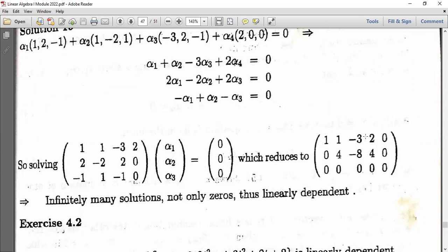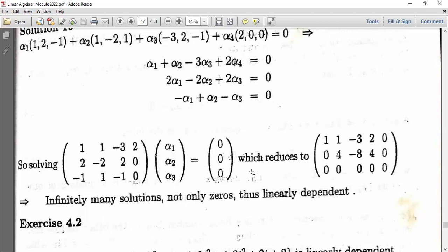That means this system will have infinitely many solutions, and not only zeros. So there are non-zero values of alpha 1, alpha 2 for which the linear combination is 0. So this implies linearly dependent.